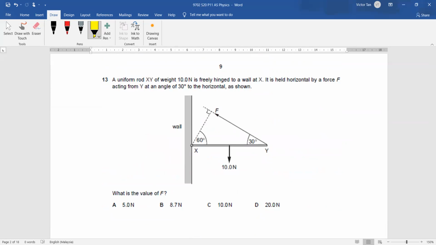Okay, question 13. A uniform rod XY of weight 10 Newton is freely hinged to a wall at X. It is held horizontal by a force F acting from Y at an angle of 30 degrees to the horizontal, as shown. What is the value of F? So it is a triangle of forces already.